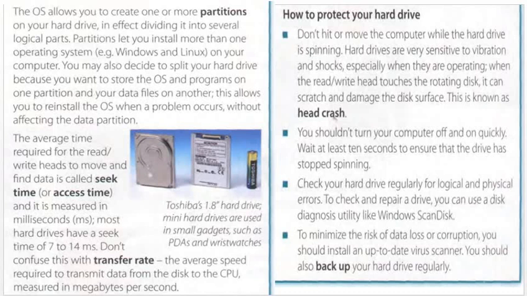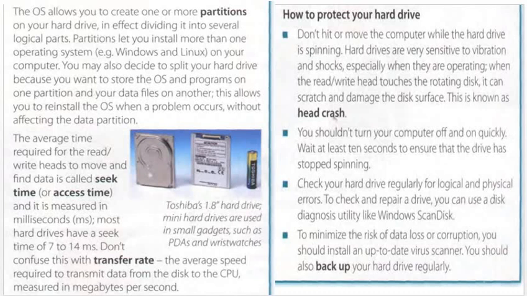You may also decide to split your hard drive because you want to store the operating system and programs on one partition and your data files on another. This allows you to reinstall the operating system when a problem occurs without affecting the data partition.